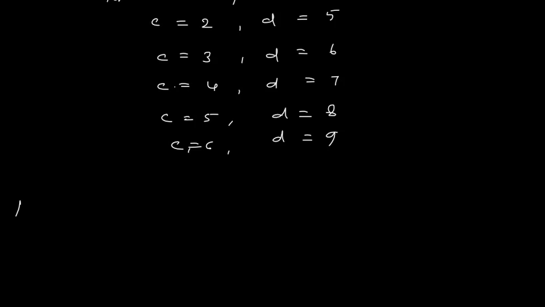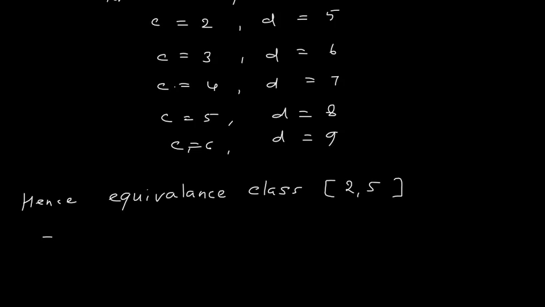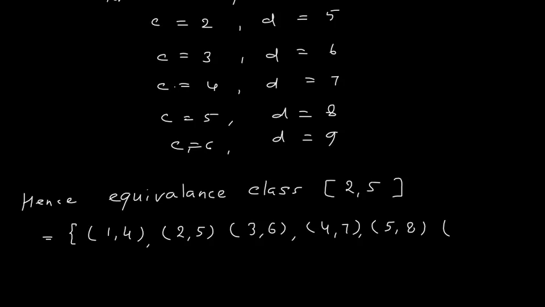So hence the equivalence class of this (2, 5) is a set of numbers like (1, 4), (2, 5), (3, 6), (4, 7), (5, 8) and (6, 9).